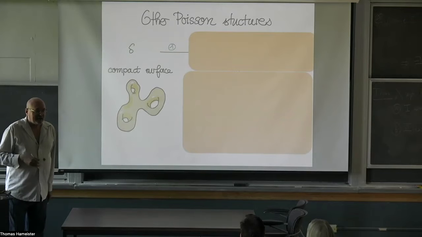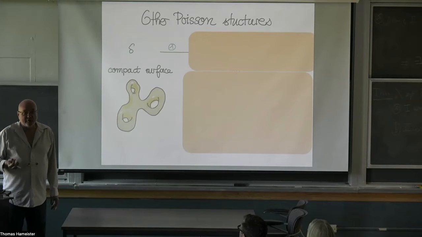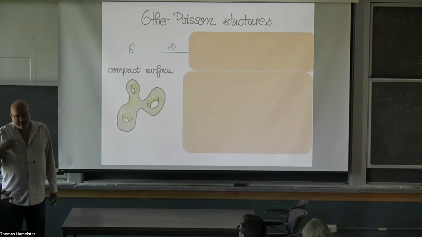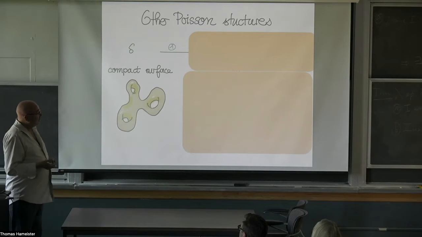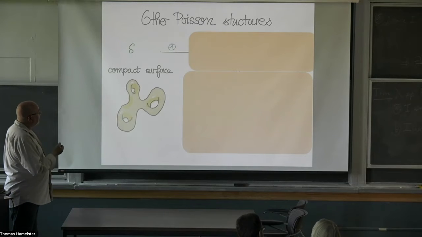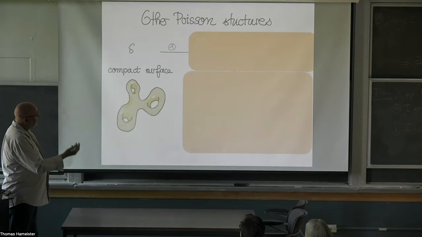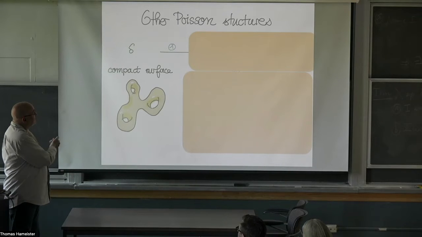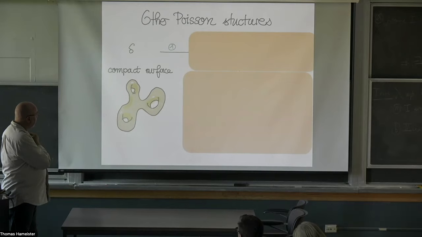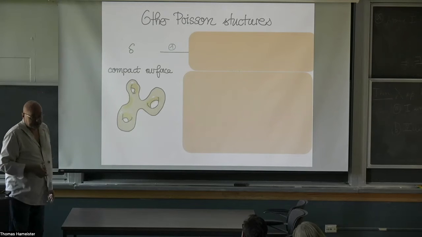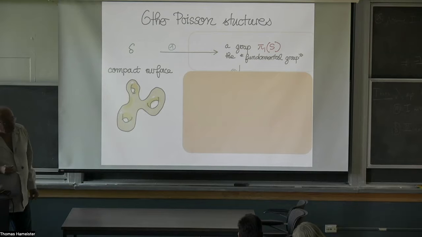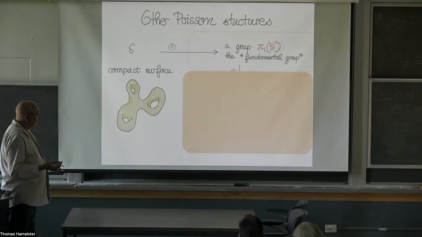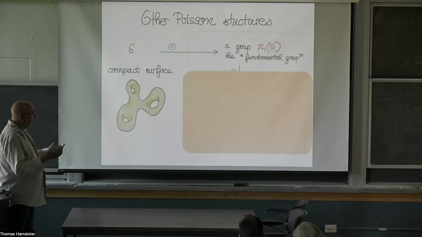So I just said that the cotangent bundle of a manifold has a Poisson structure. There are lots of other objects which have Poisson structure. And from my point of view, the case of character varieties is important, and I'm going to link that with the Goldman algebra. So you start with a compact surface S, and out of this compact surface you can produce a group, the fundamental group.